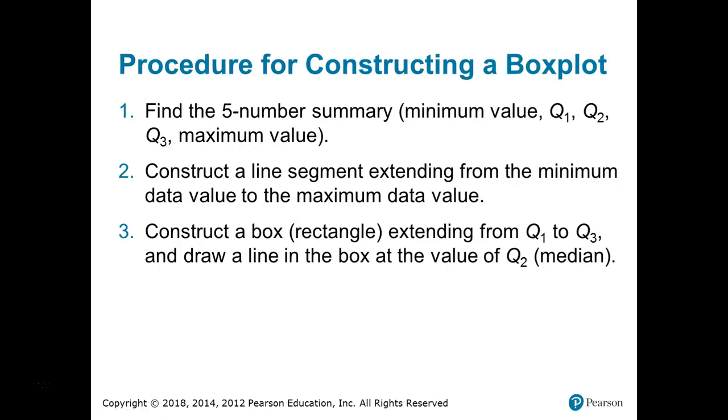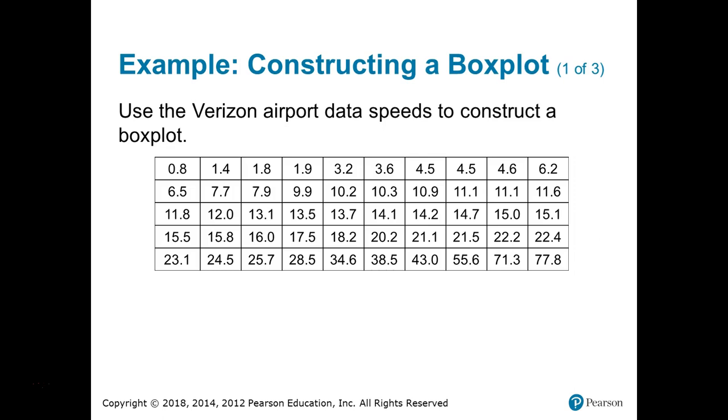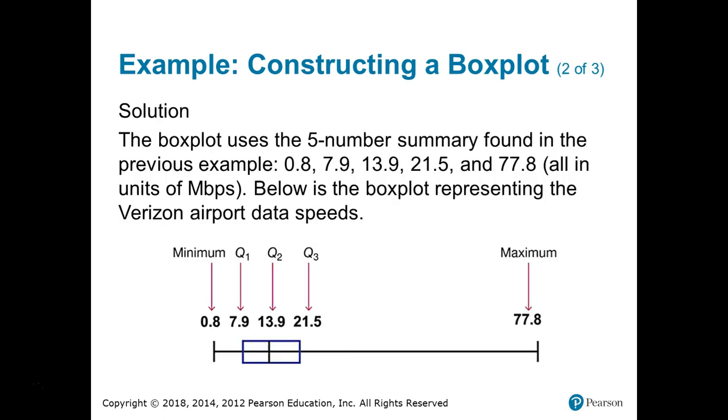So to construct a box plot, find the 5-number summary, construct a line segment extending from the minimum data value to the maximum, then construct the box extending from Q1 to Q3, and then draw a line to mark Q2. So now let's construct a box plot of these values right here.